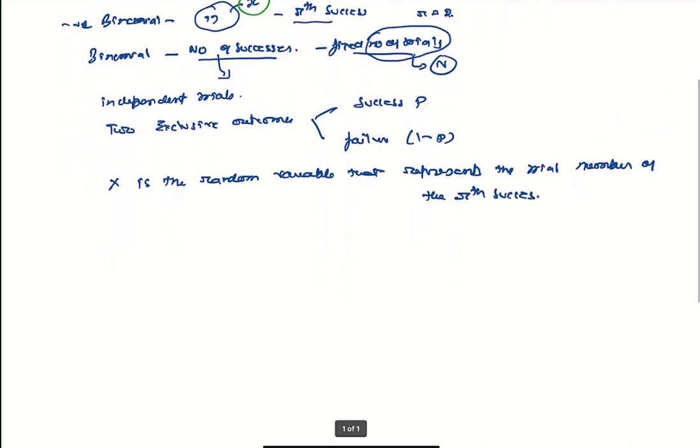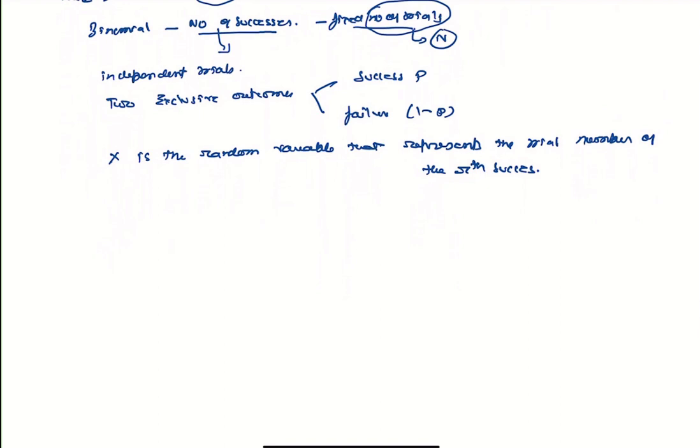Now, in order for the rth success to occur on the xth trial, we need a couple of events to occur. First, x minus 1 trials must occur that result in r minus 1 successes.